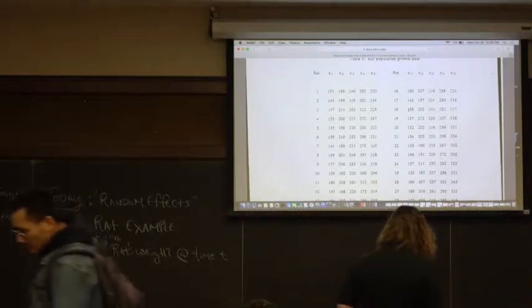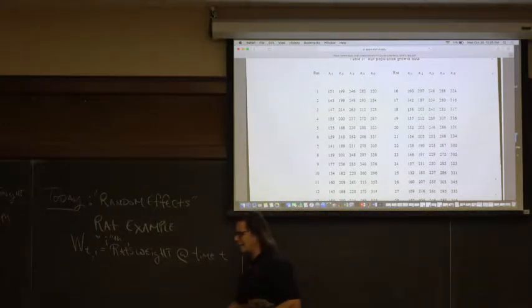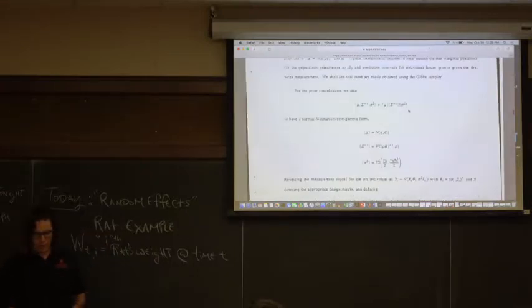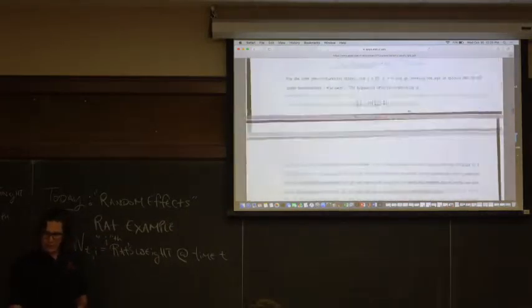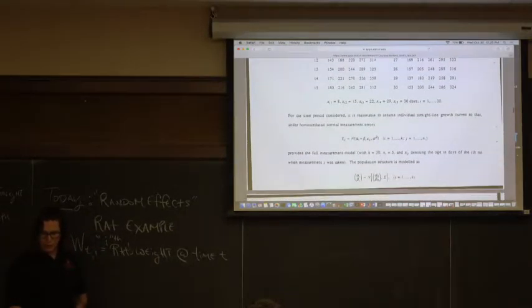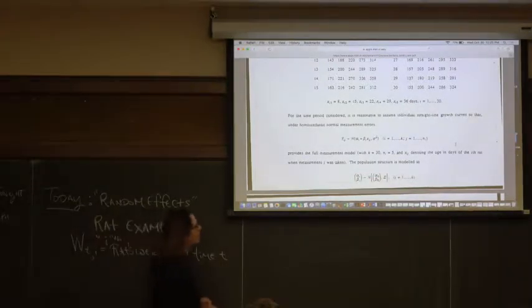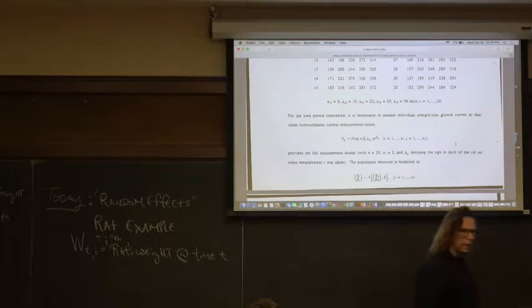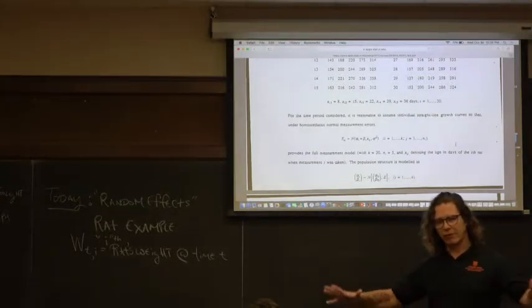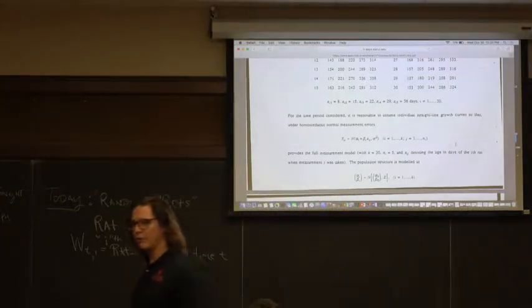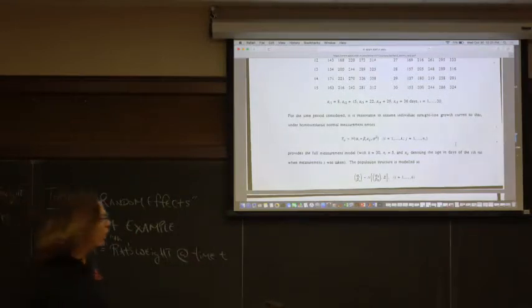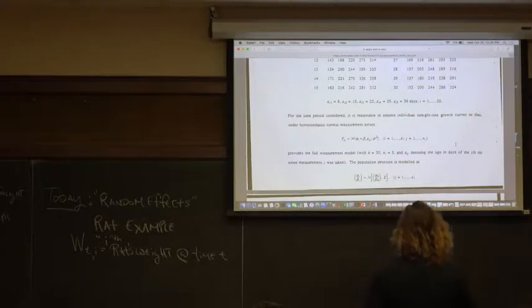So we're going to write down exactly the same model that Gelfand and Smith used, and this model is right here. This is everything you need to know. It's funny that a lot of papers say a lot of stuff, and everything you need to know is usually contained in very small sections. But this is the whole model, and I want to discuss this.